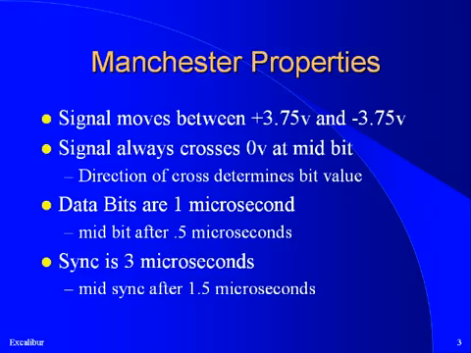In the middle of each sync or bit, the voltage moves from one extreme to the other. The direction of this move determines the bit value. The voltage may also change values between bits, particularly if two bits of the same value are transmitted one after the other.